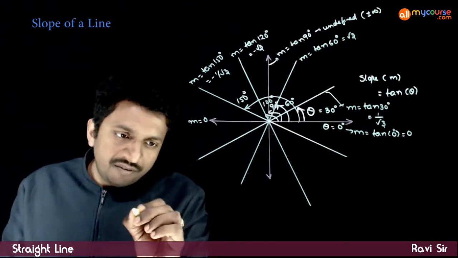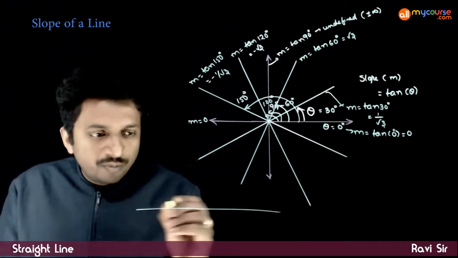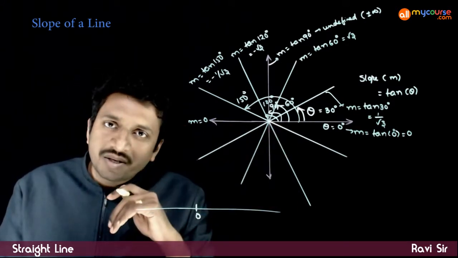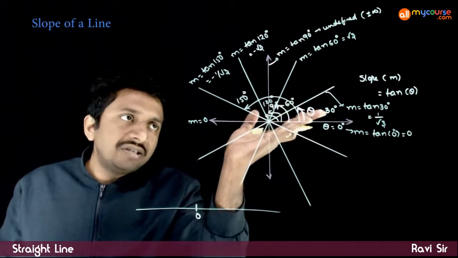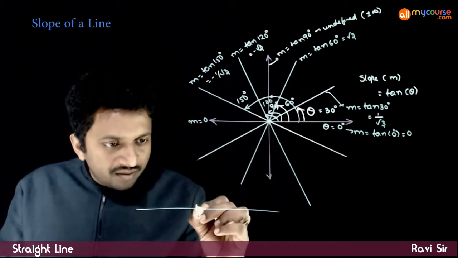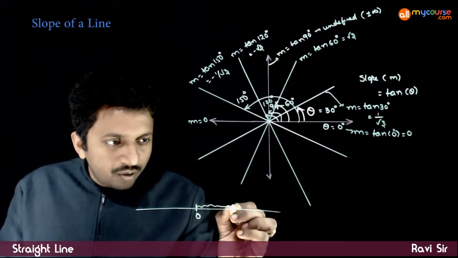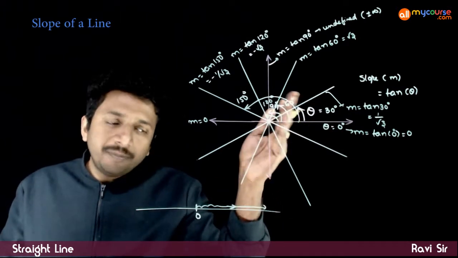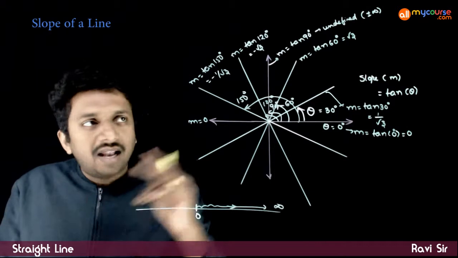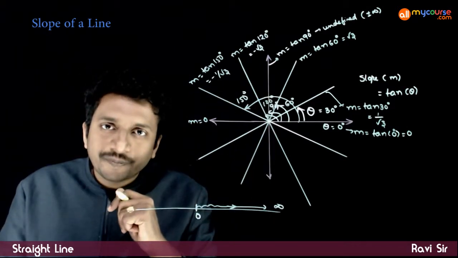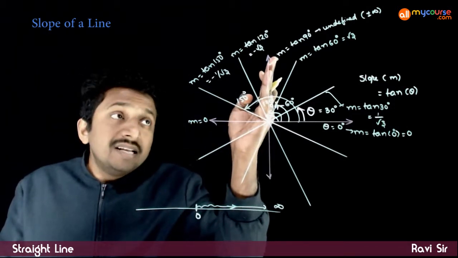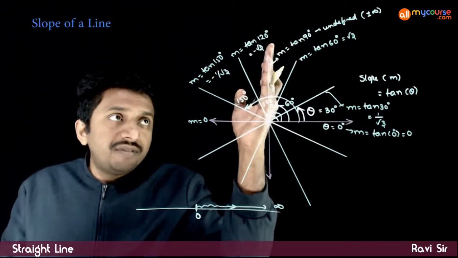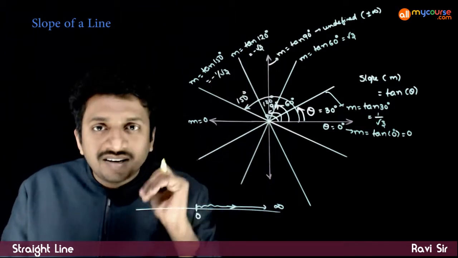So effectively, if you look at the values of the slopes, the value of slope starts with 0 for a horizontal line. As the inclination increases slowly, the value of slope goes onto the positive side and it increases indefinitely till it reaches the value infinity at 90 degrees. And suddenly it jumps to minus infinity if the angle is just more than 90 degrees.